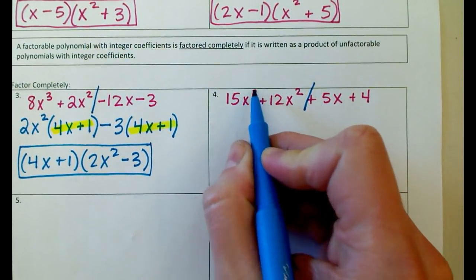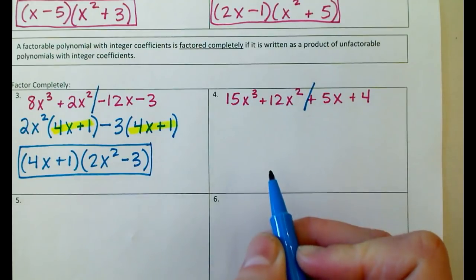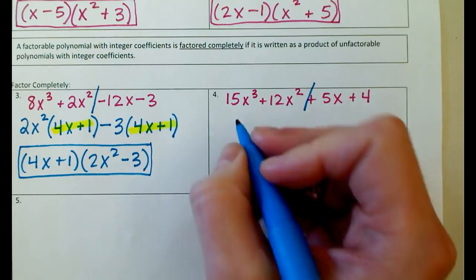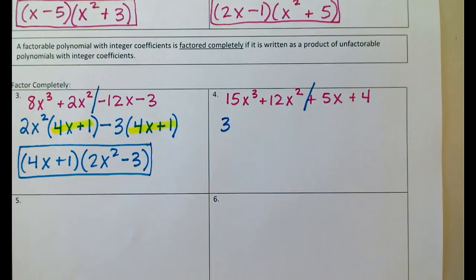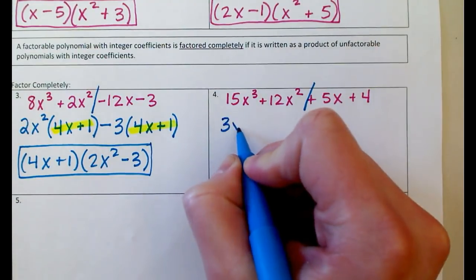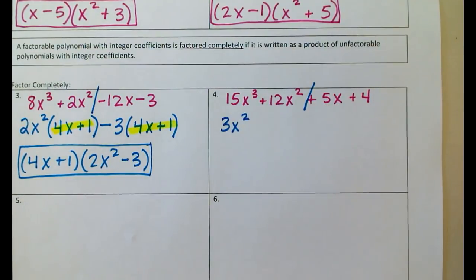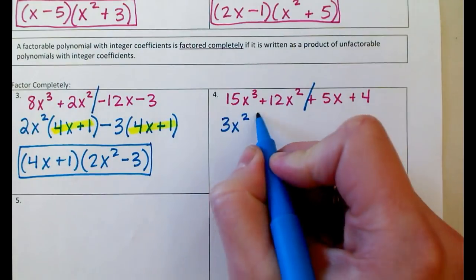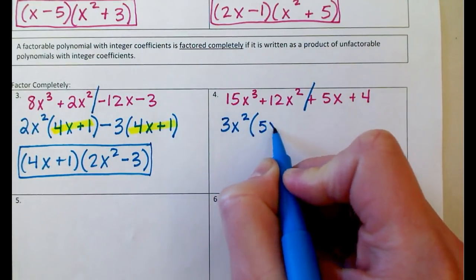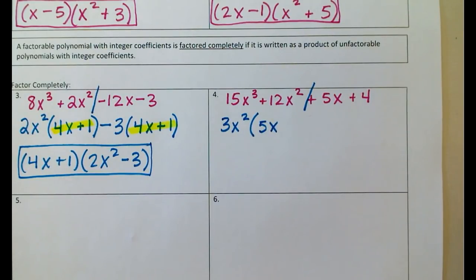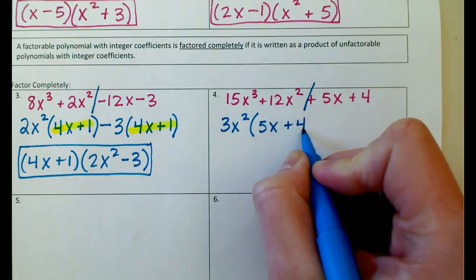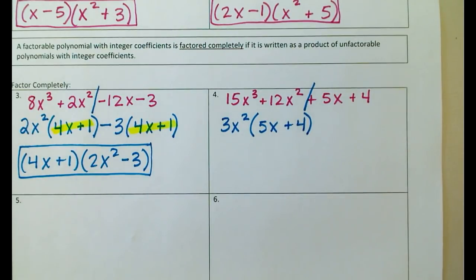Between 15x cubed and 12x squared, I have a common factor of 3 from the numbers and x squared from the coefficients. This would leave behind 5x on my first term plus 4 on my second term.